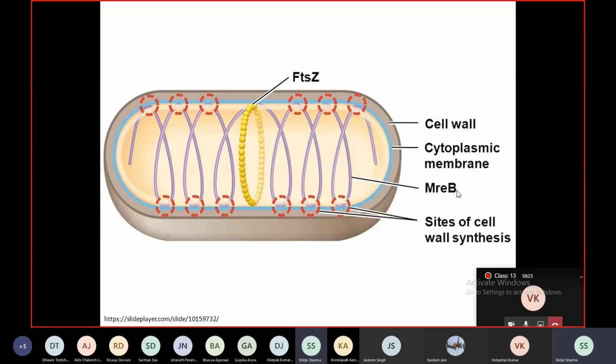MreB determines cell shape by assisting the position and the activity of enzymes which synthesize peptidoglycan. So this is where it would initiate the synthesis of PG, thereby giving it a particular shape. It also serves as a rigid filament under the cell membrane that exerts outward pressure on the cell. Basically this is how it plays a role in maintaining the cell shape.